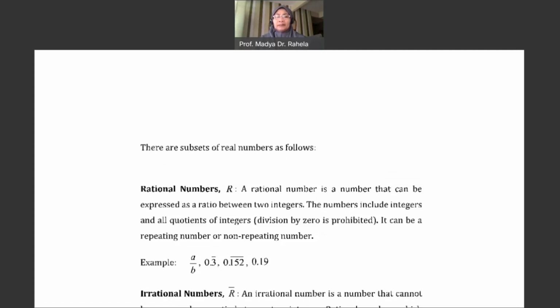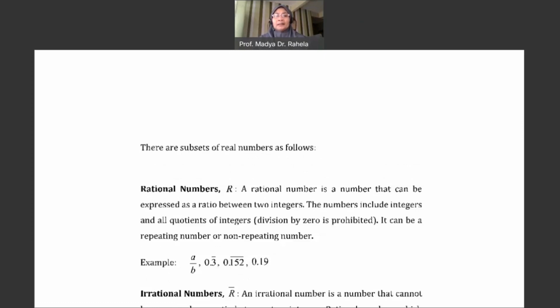For example, A over B, where A can be any number and B can be any number, or 0.3 bar. 0.3 bar here means 0.333 and so on, where the number 3 is repeated again and again. This is a rational number.